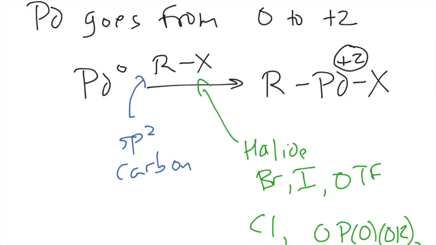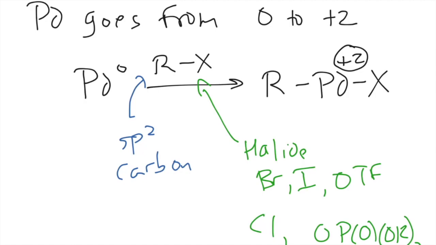So you can think of the carbon and then the halide as both negatively charged ligands. So to balance that out, your palladium has to be +2. All right. So that's the beginning of all of these reactions: palladium sticking itself into a carbon-halogen bond. Then there is the end of all of the reactions.